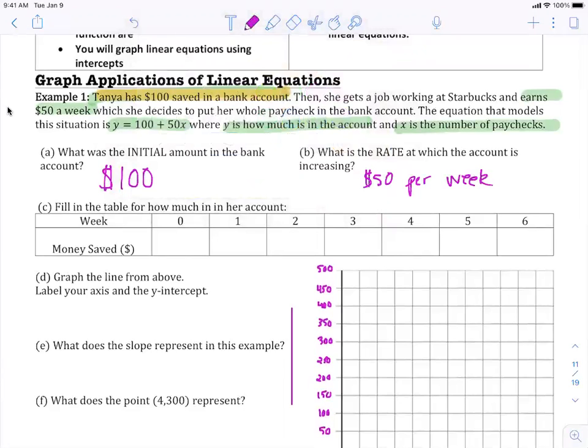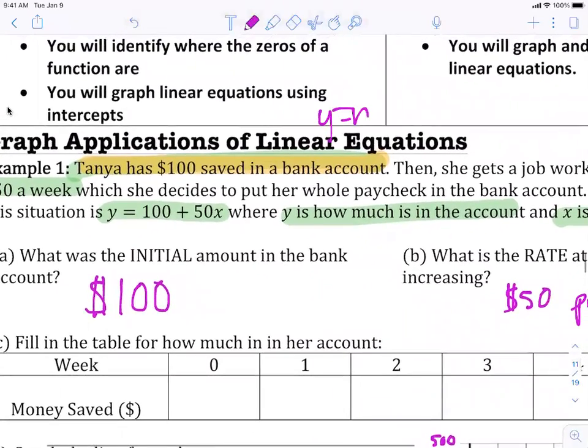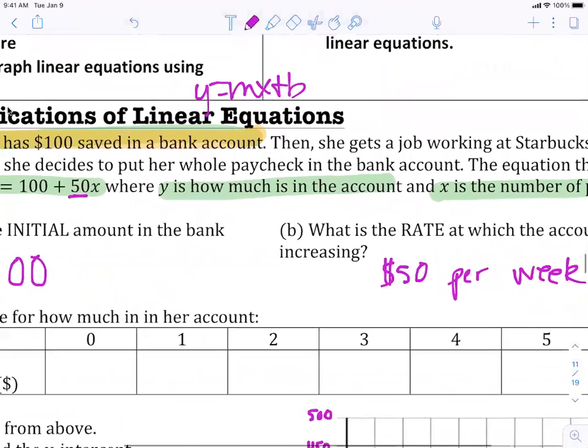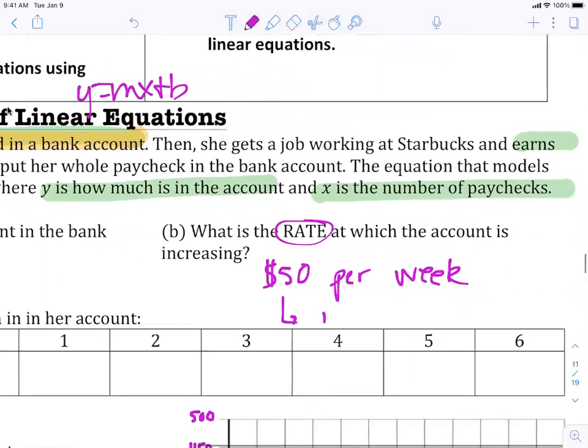In any given linear equation, you're going to notice that those pieces are in very specific spots in the equation. Comparing it to y equals mx plus b, the number in front of x is my slope, which is why we said rate. So in this problem, m is 50.